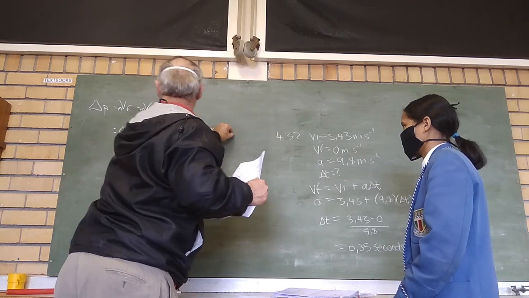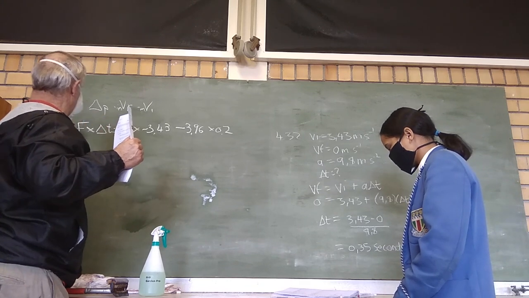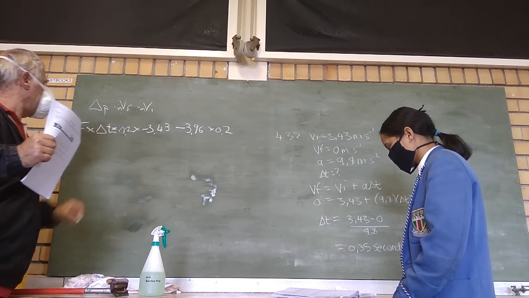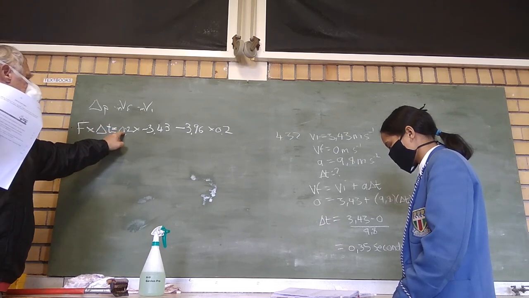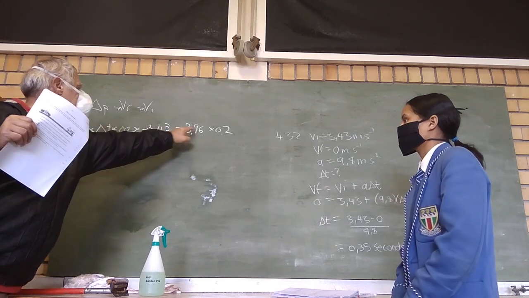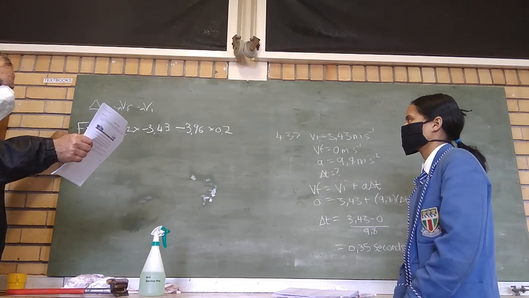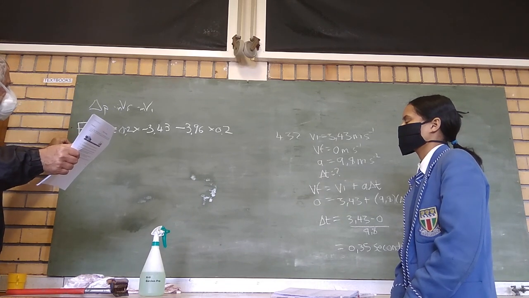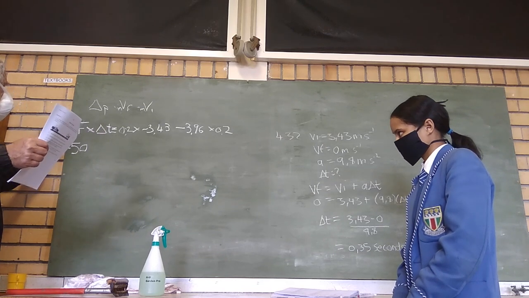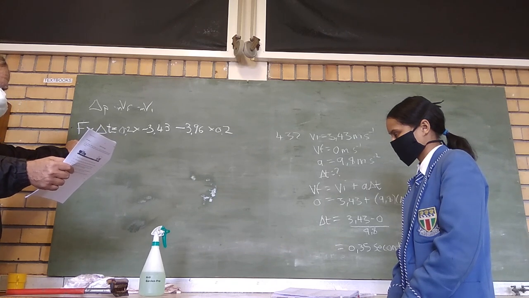Could somebody maybe work that out? 0.2 times minus that is equal to, force was equal to, they give it us, 50. The force was up, so up is negative, times delta T is equal to, what does that all come to?